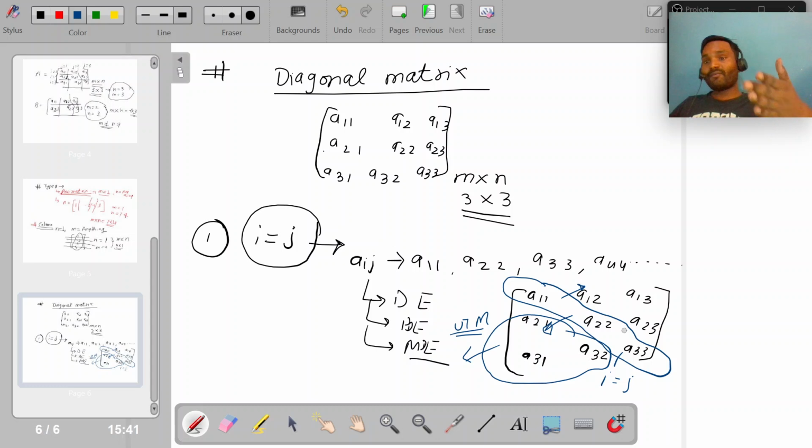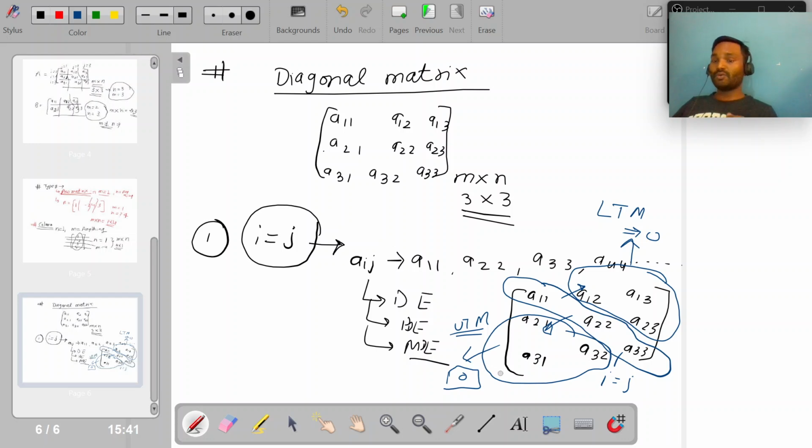If the elements above the main diagonal are 0, it is known as LTM, lower triangular matrix.